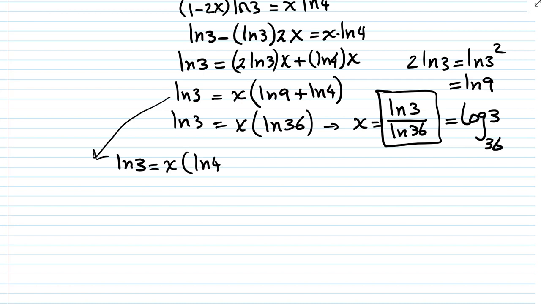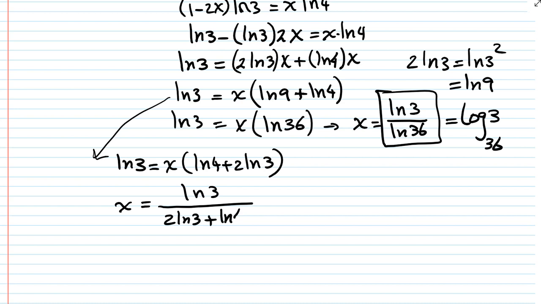So we have ln of 4 plus 2 ln of 3, right? There's your 2 ln of 3, there's ln of 4, and I combine them. All right, and once we have that, now divide both sides by the binomial. Here's one possible solution. It really depends on how you want the solution, but all of these are acceptable.